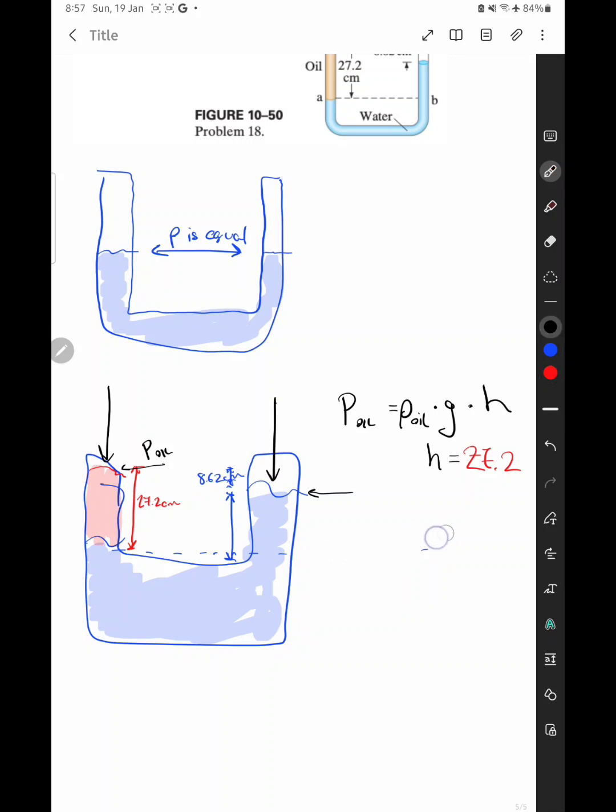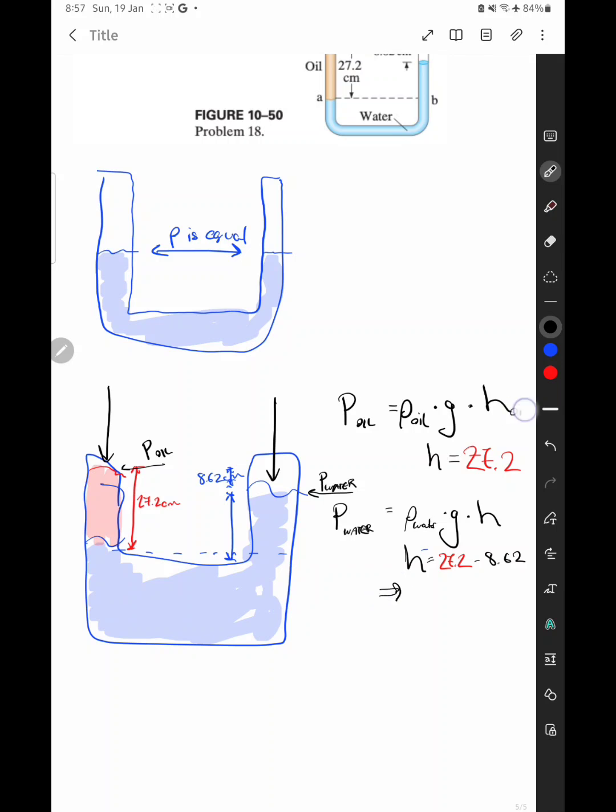And now, let's find the pressure of the water. Okay? Now that's equal to the density of the water times G times H. And here, H is this distance, alright? Is equal to 27.2 minus 8.62.